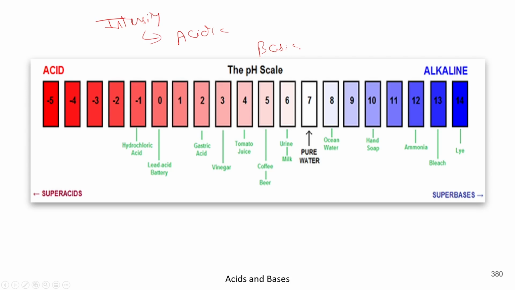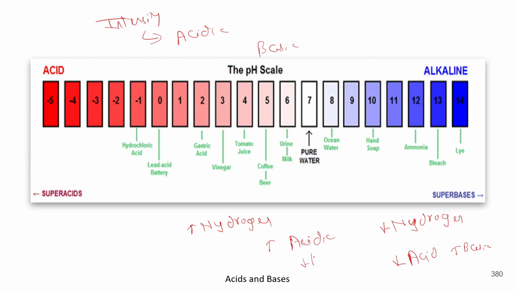That's why we had to develop the pH scale, which is used for potential of hydrogen. You can say the more hydrogen, the more acidic it will be, whereas the less hydrogen, the less acidic, or you can say the more basic.